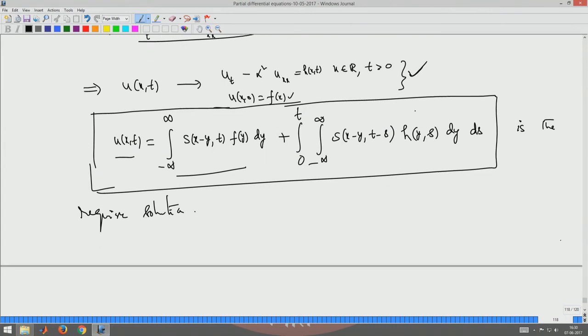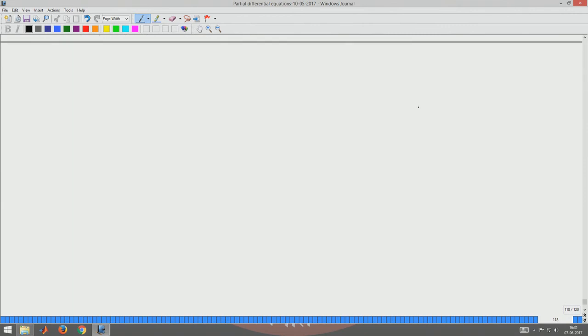So far we have considered the infinite rod, minus infinity to infinity, for this non-homogeneous equation. You can also do the same thing on the semi-infinite line, 0 to infinity. On a semi-infinite rod you can have the non-homogeneous equation. So, let us consider u_t minus alpha square u_xx equal to 0, x positive, so this is the semi-infinite rod, and t positive.